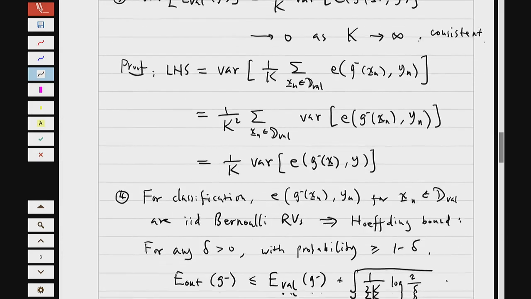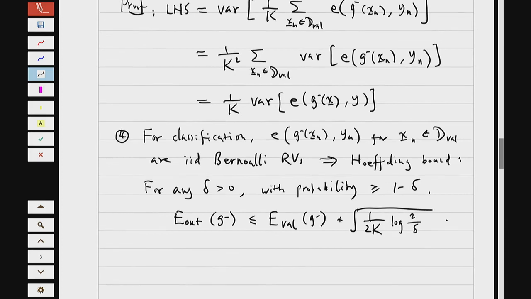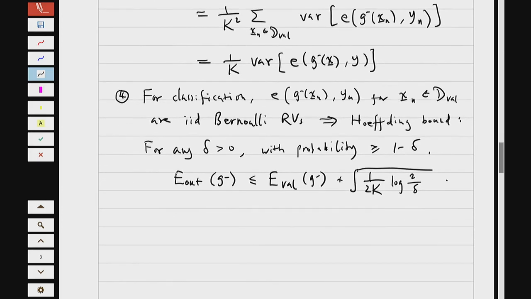And then more precisely, we can use the Hoeffding bound to tell you how fast it can converge to that E out. If k is large, then it converges, and the speed of convergence is on the order of 1 over square root of k. So this is the Hoeffding bound for the binary case, and for the classification case. In general, this still works, even if it's not classification.